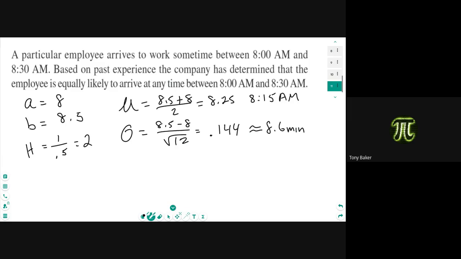All right. If a call comes in at 8:10, what's the probability that the employee will be there to take the call? So what time would she have to arrive by? To take the call at 8:10. Oh, we'll do 8:10 just to make life a little bit easier.